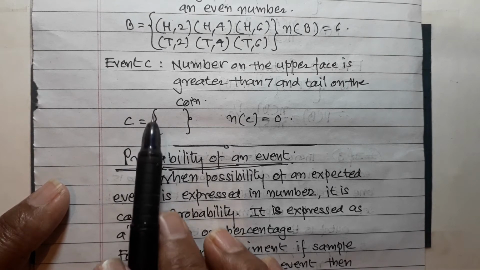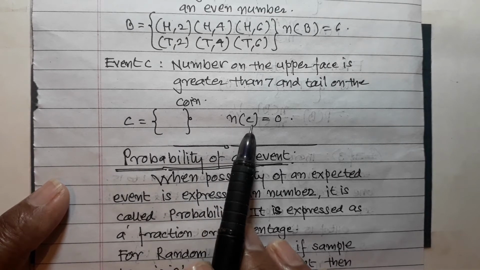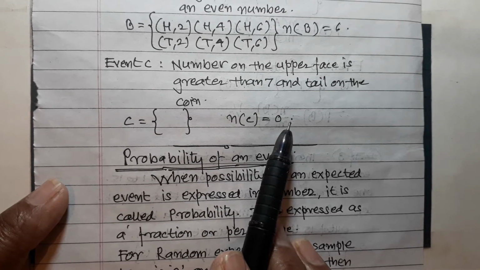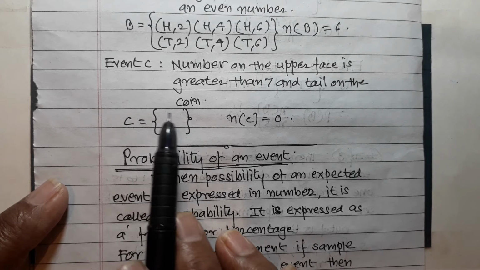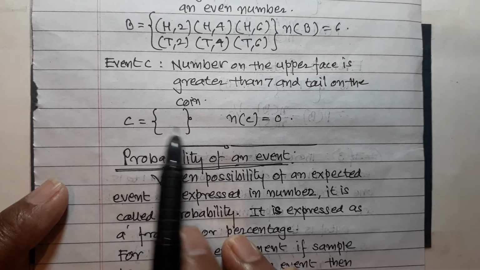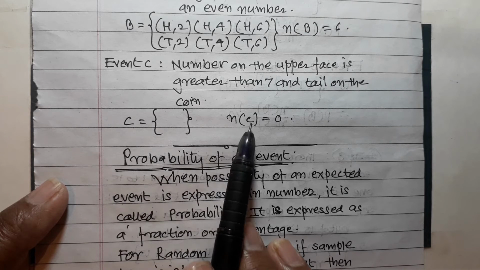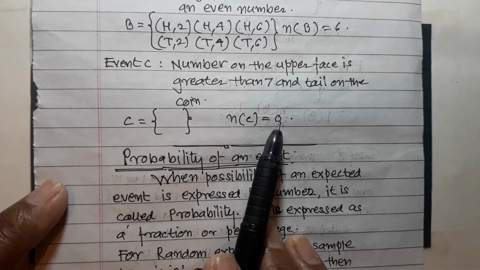So C is the empty set and therefore n(C) is equal to 0. Don't write any element here. Don't write 0 here. This is an empty set, and therefore the number of elements is 0.